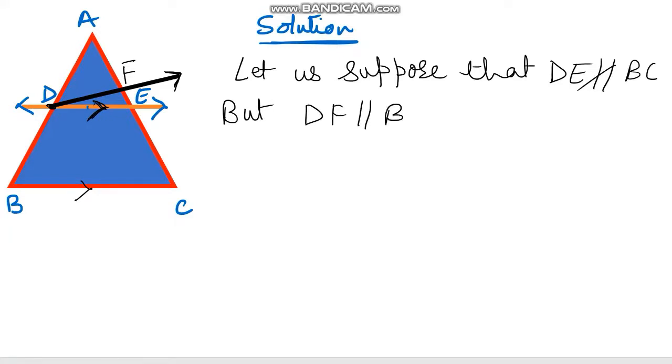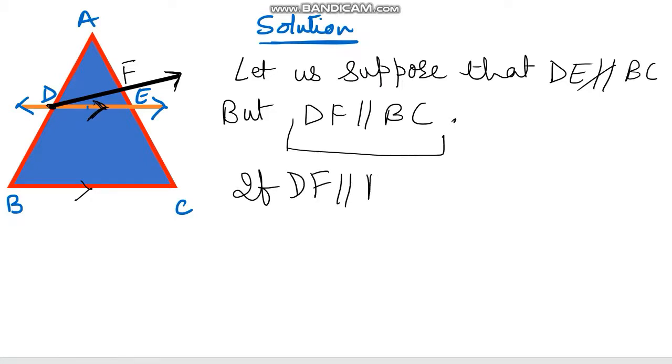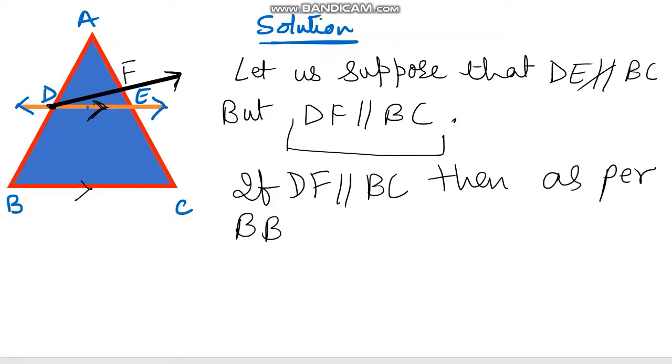Okay. Now from here, if DF is parallel to BC, then as per the basic proportionality theorem, BPT, what will we get?